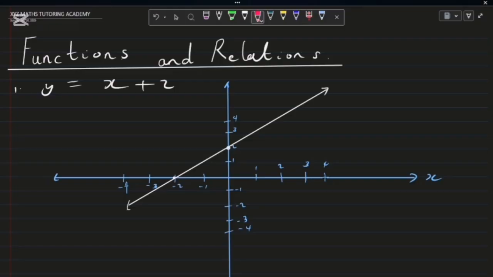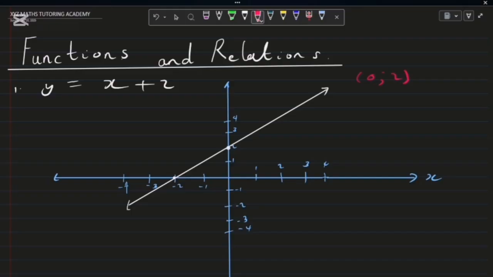We spoke about sketching a straight line in our previous session, where we said that to sketch a straight line we only need 2 points, the y-intercept and the x-intercept. From our equation, the y-intercept is (0, 2). To get the x-intercept, you make y equal to 0.